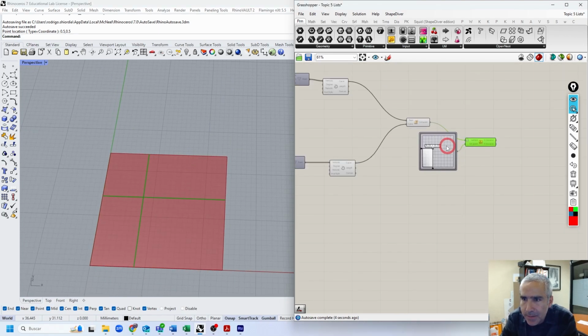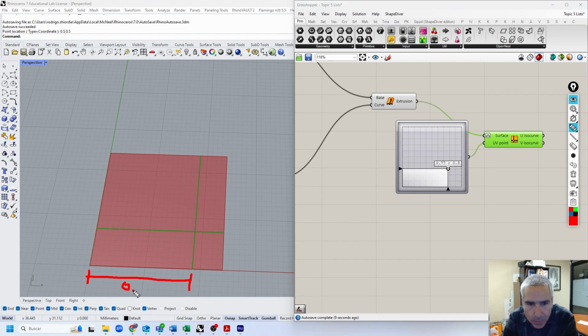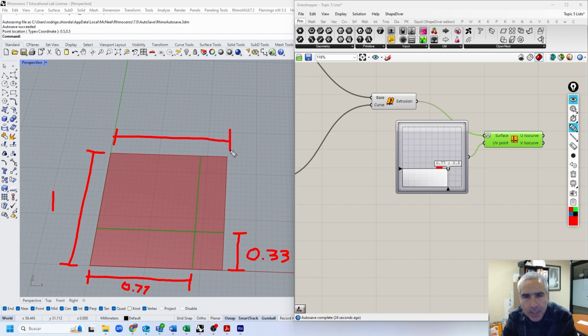This is basically the same thing. You're getting the isocurves. For example, here, let's just say that this is 0.77, like you see here. And then this distance will be 0.33 when compared to 1 to 1.